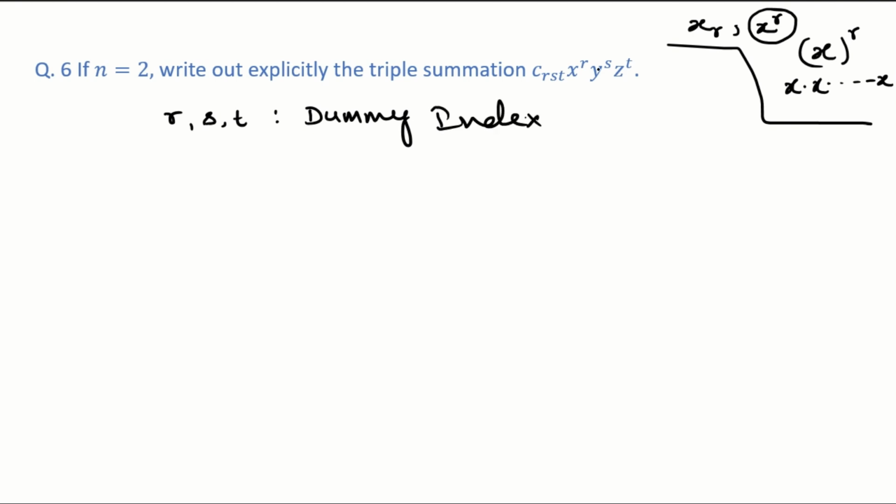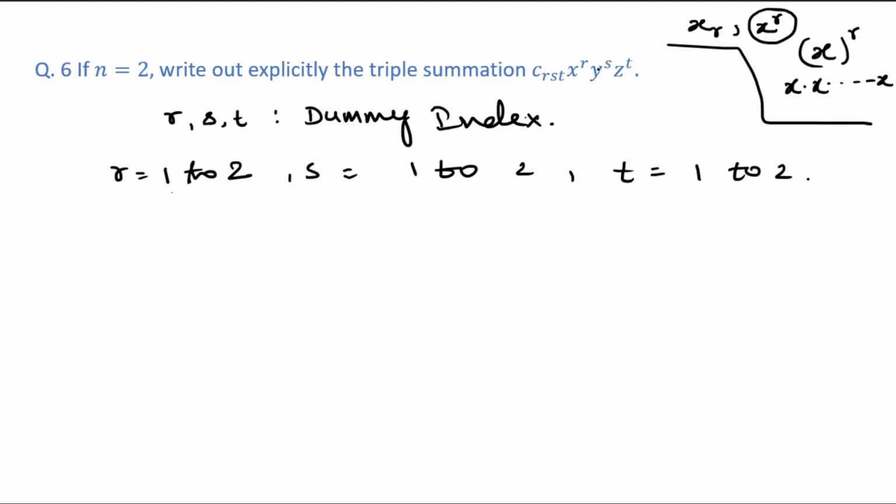The meaning of a dummy index is that you have to take summation over all the possible values of r, s, t. Here n equals 2, and n gives the upper limit of the index. The index starts from 1 and goes up to n. So here r will run from 1 to 2, in the same way s will run from 1 to 2 and t will run from 1 to 2.